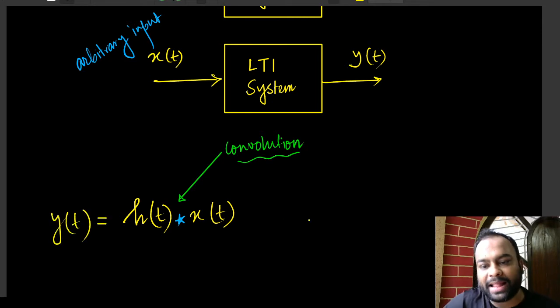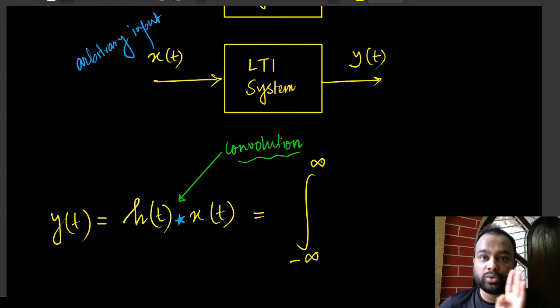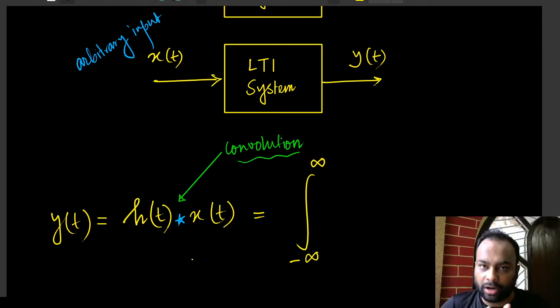Mathematically speaking, this gives you the output of the system, and it is expressed with this integral. I shall teach you in the next class where this formula comes from. But for the moment, just remember that this is the expression through which you calculate the convolution of two signals.